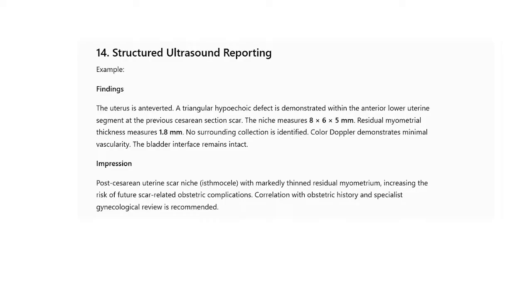Color Doppler demonstrates minimal vascularity. The bladder interface remains intact. So the impression: post-cesarean uterine scar niche is present with markedly thinned residual myometrium, increasing the risk of future scar-related obstetric complications. Correlation with obstetric history and specialist gynecology review is recommended.